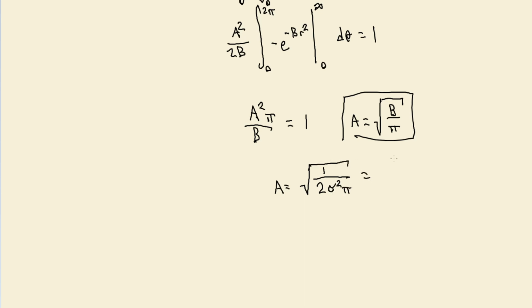And this is exactly equal to 1 over the standard deviation multiplied by the square root of 2 pi. And so we have our final value for a here, and a value for b as well that's going to be defined in terms of our variance for convenience.